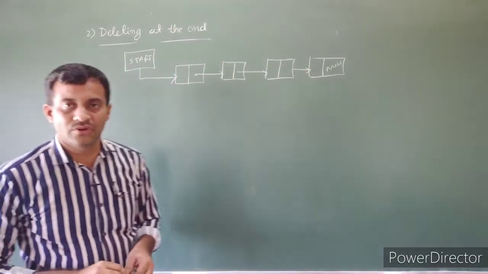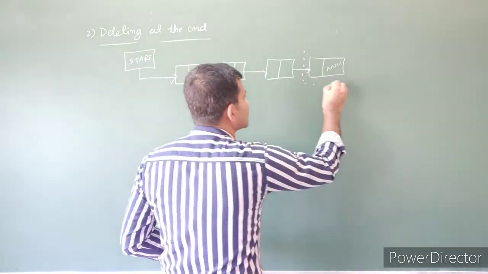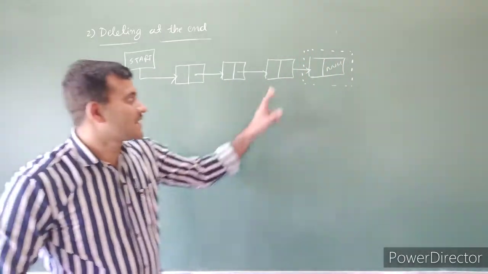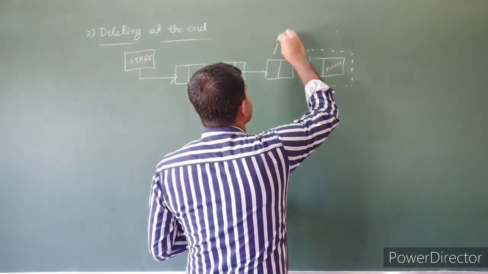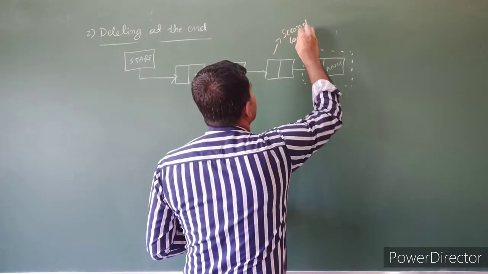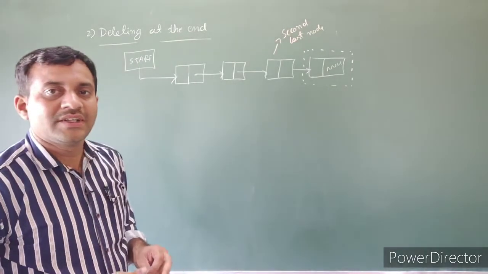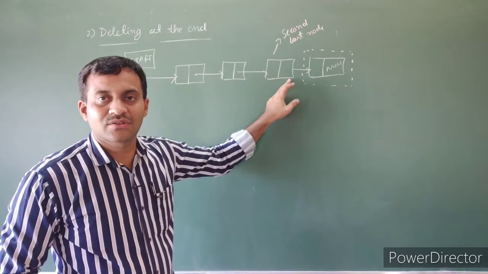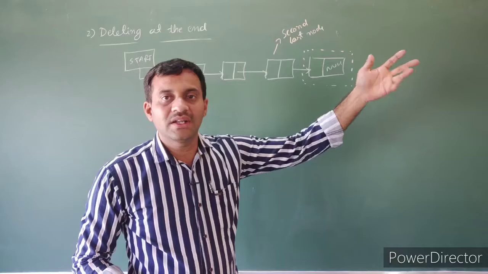Deleting a node means we have to delete the last node. This is the second last node. The link part of the second last node is filled with a null value. Then the last node is automatically removed.